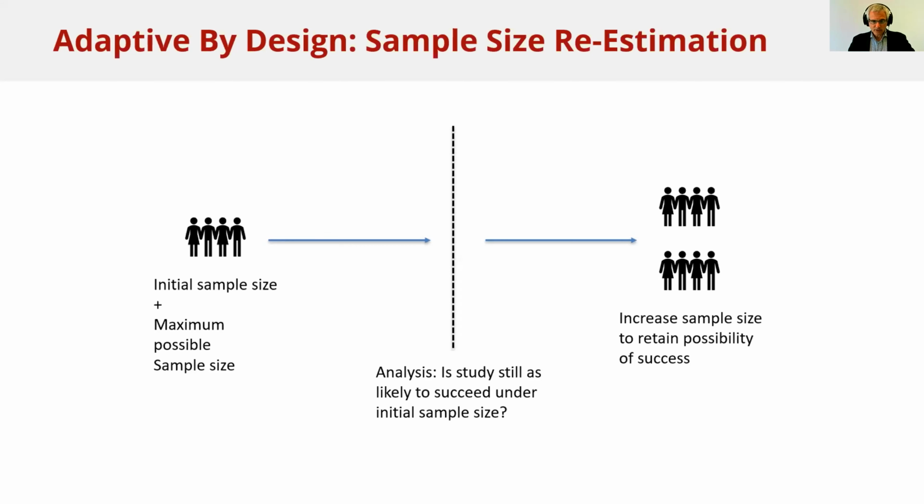We're going to check those assumptions again, see if they in fact do hold. If not, we might adjust our sample size up within a certain maximum and then continue the study. We might decide to continue as originally planned, or we might declare that it's futile and we should stop the study. This is one of the most common adaptations.